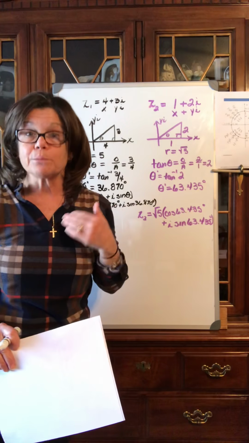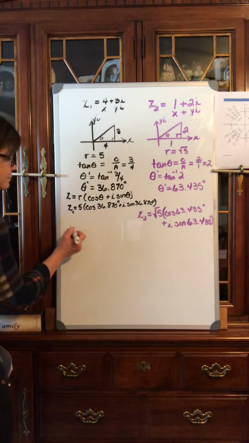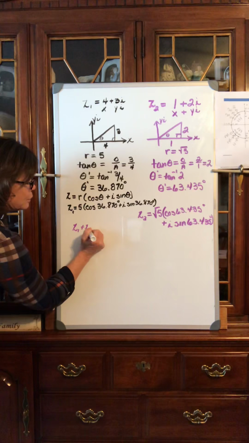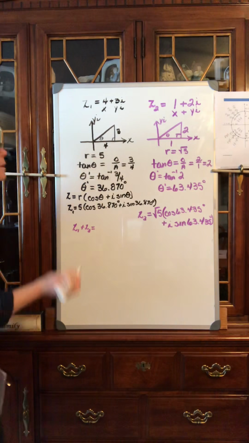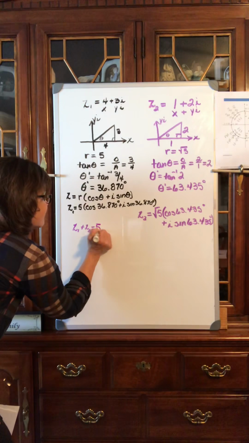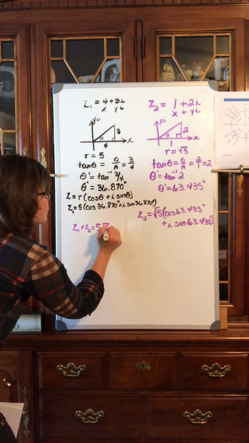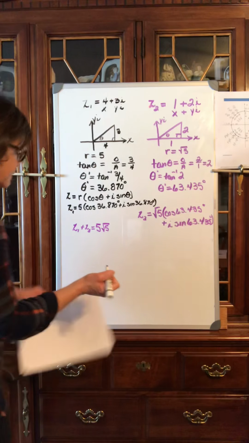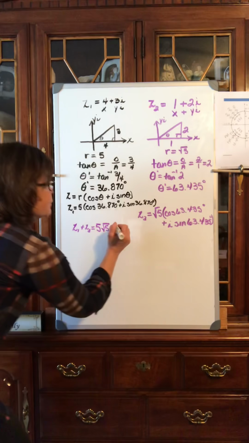and now to do the product and the quotient, Z1 times Z2, you would multiply the coefficients. The coefficients are 5 and the square root of 5. And you would add the angles.